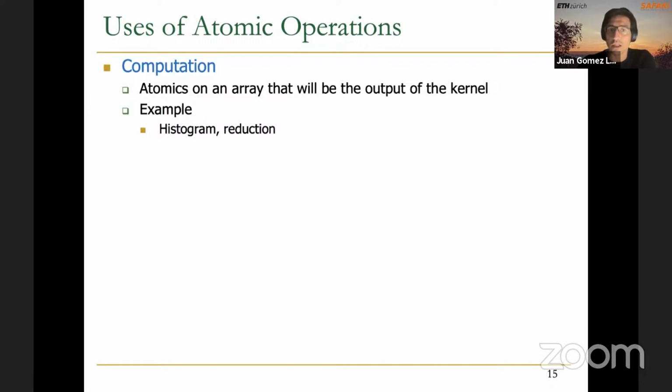And what I mean here is that the atomics are executed on an array or certain memory locations that will contain the output of the kernel. For example, in the parallel reduction, if we are using an atomic operation to reduce the final partial results from different thread blocks, what we are calculating with the atomic operation is the final result of the kernel, right? And a similar example is what we are going to see today in histogram calculation.